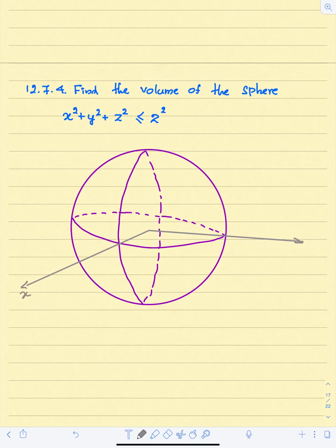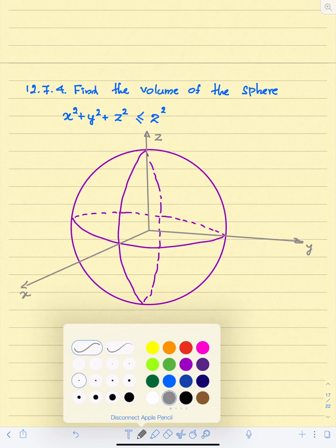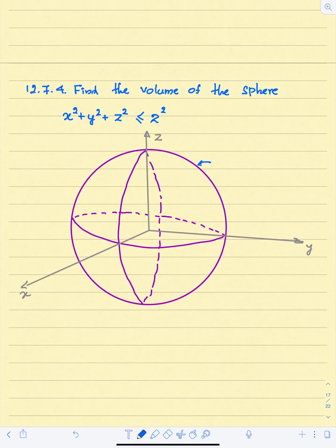This is the x-axis, y-axis, and the z-axis. The equation of this sphere is x squared plus y squared plus z squared equals 2 squared.